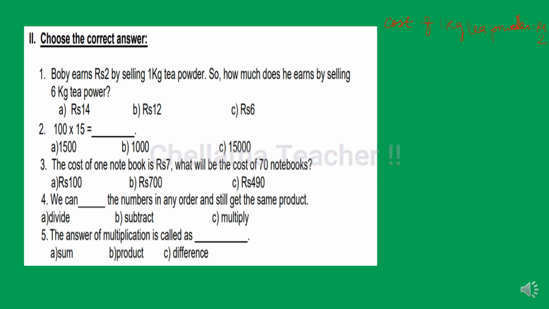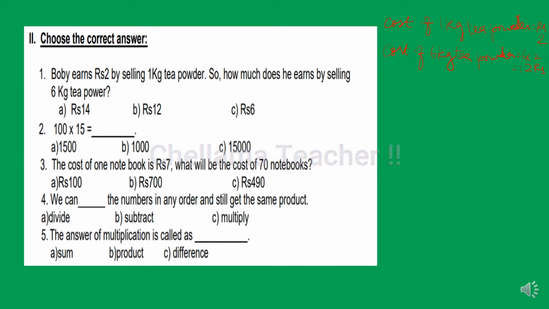And how much does he earn by selling 6 kg? So, the cost of 6 kg tea powder is equal to 6 into 2 equal to 12. So 12 rupees is the answer.